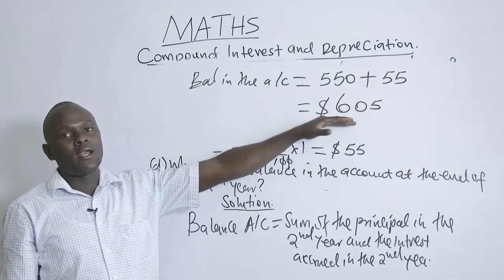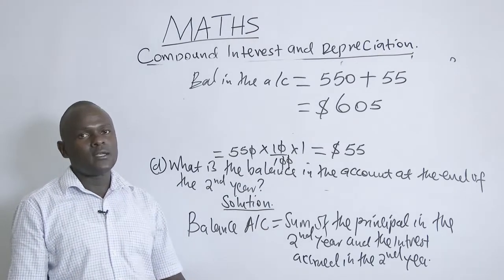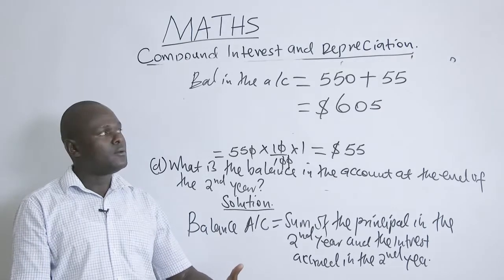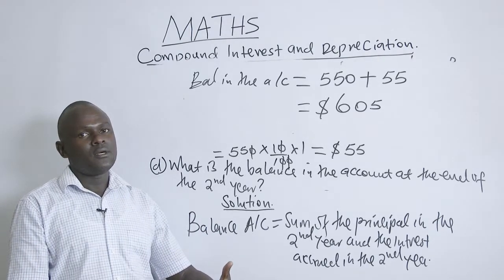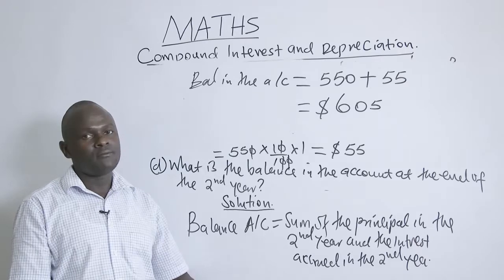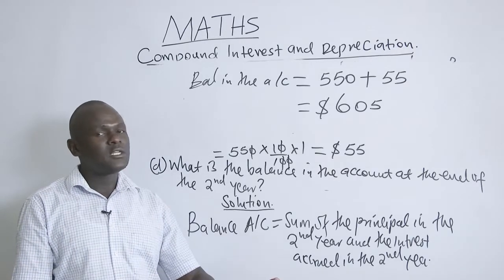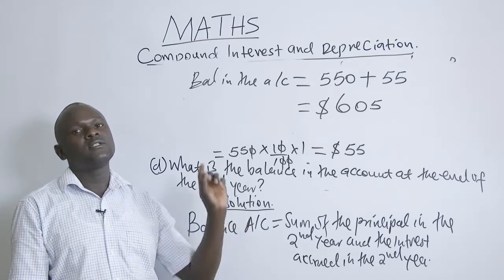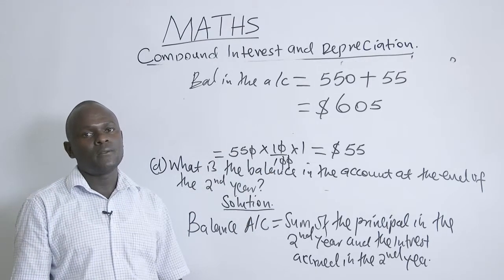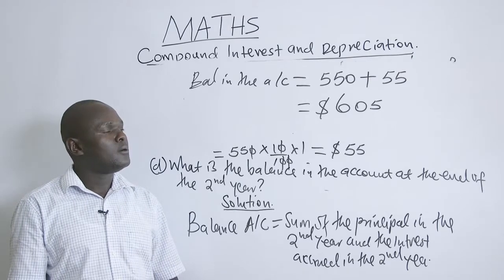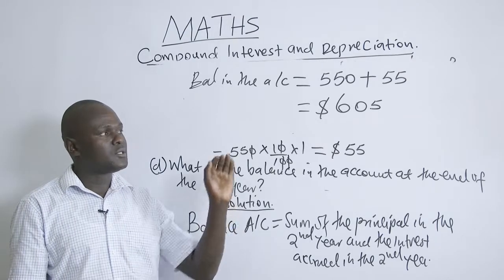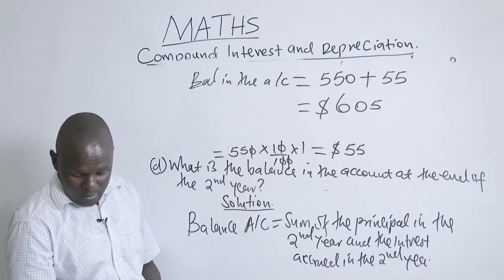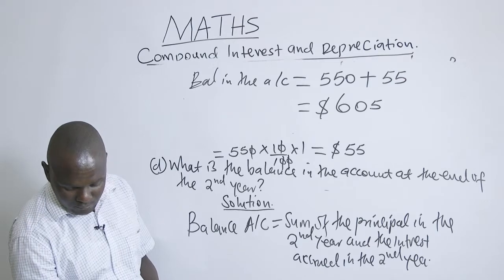This will be the new balance in the account at the end of the second year. So every year you discover that the amount accruing in the account increases. And that balance at the end of the second year is the one that is used as the principal during the next period, or the next year. This is what we should have realized.